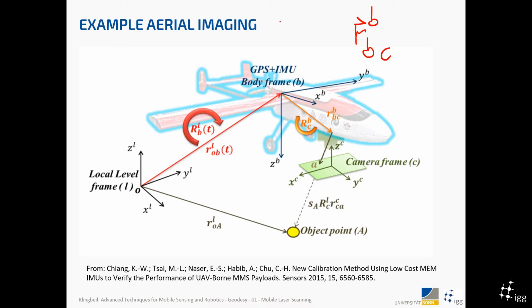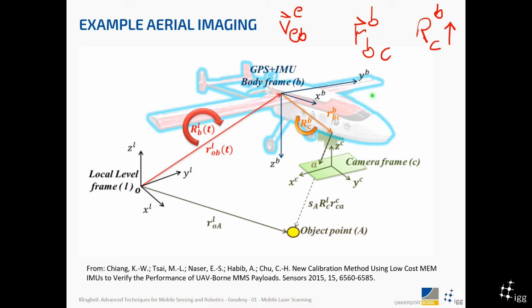For example, for a velocity, you always have to say what is meant by velocity. That's for example the velocity of the body frame with respect to the Earth frame, given in coordinates of the Earth frame. So this is usually the notation. And the other thing is that a transformation is always from one system to the other system. So this is a rotation from the camera frame to the body frame. Okay.